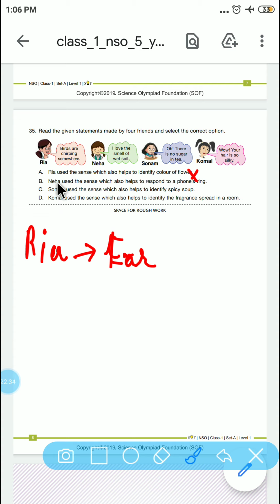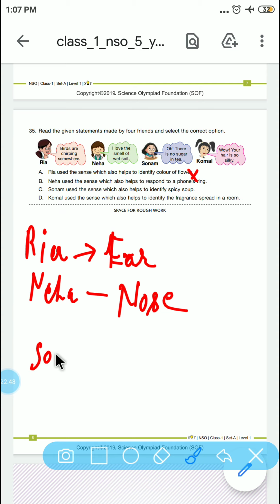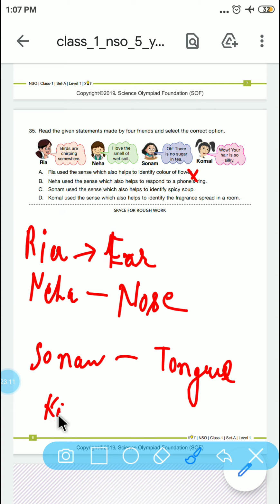Now Neha said, I love the smell of soil. So the sense organ mentioned is the nose. For Sonam, there is no sugar in tea, so it is done only with the help of the tongue. And for your hair is so silky, it is a touching sensation, so skin is the main sense organ that helps Komal.